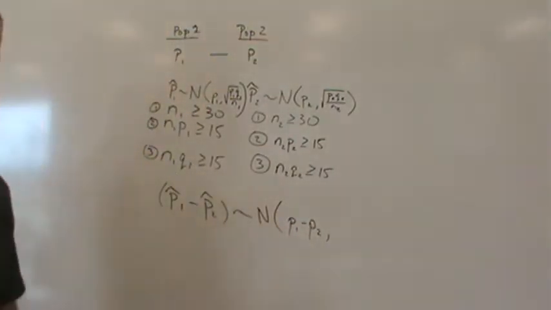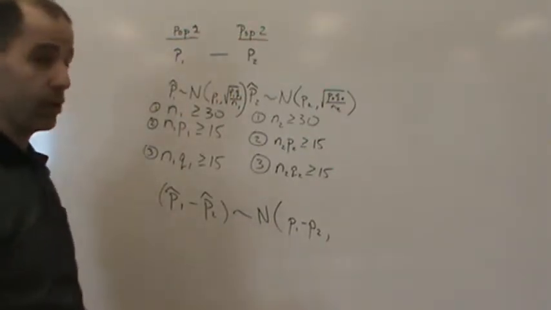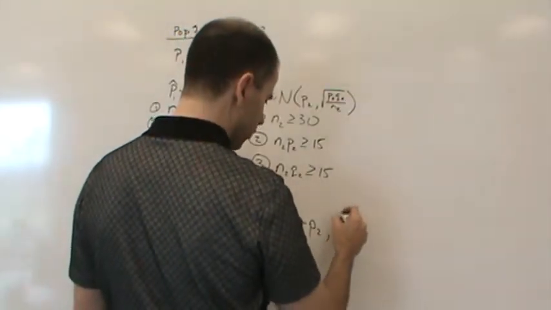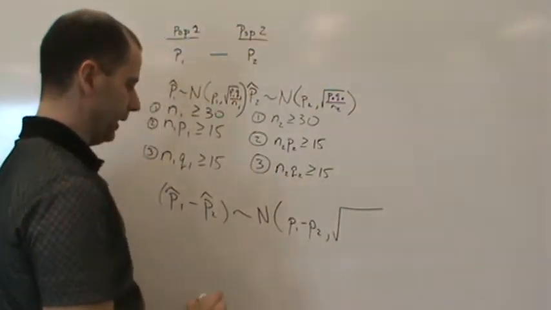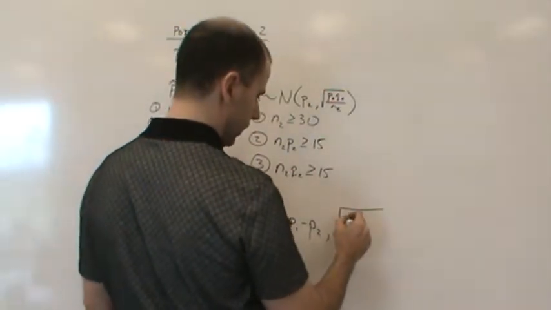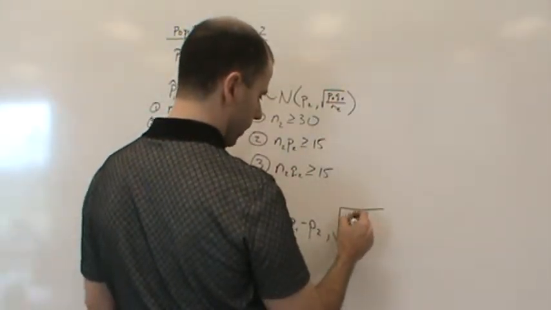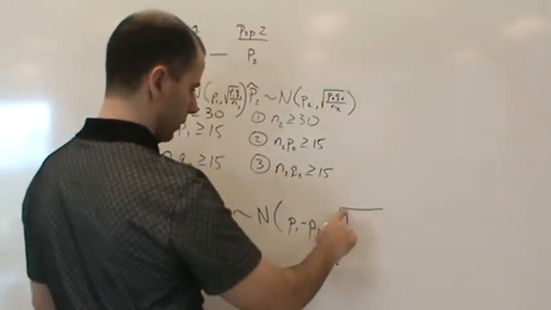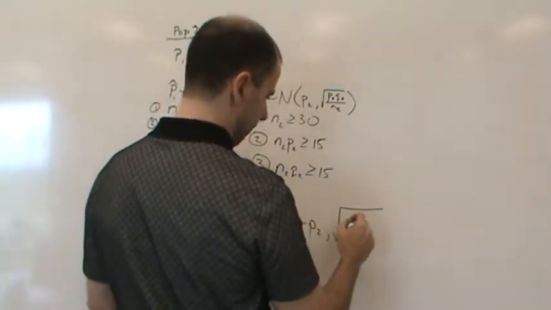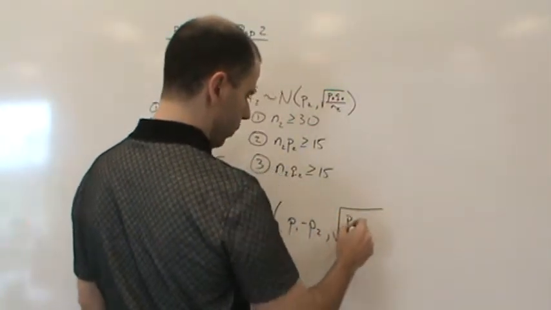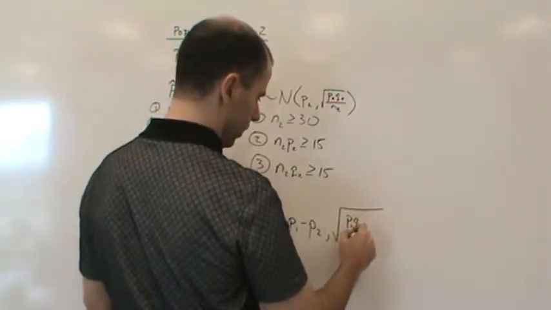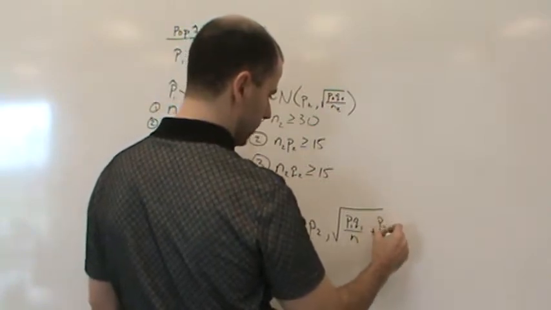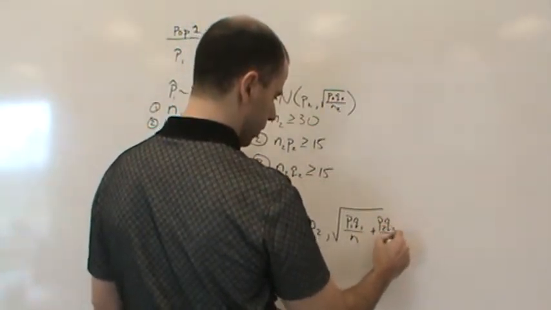And as you might also suspect, the standard deviation of this distribution, or the standard error, rather, is going to be the square root of P1 Q1 over N1 plus P2 times Q2 over N2.